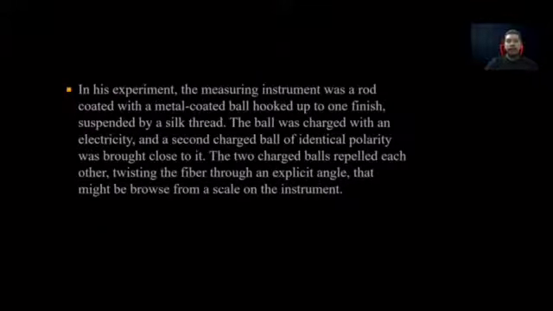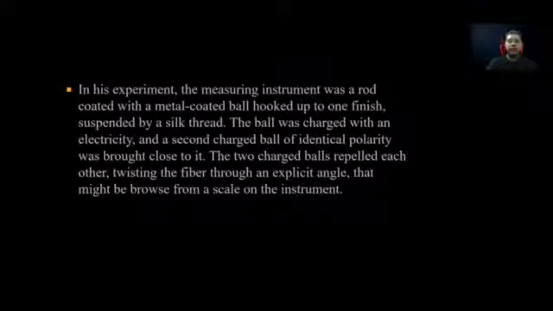In his experiment, he used the Coulomb torsion balance as the measuring instrument. The instrument was a rod with a metal-coated ball attached to one end, suspended by a silk thread. The ball was charged with electricity, and a second charged ball of identical polarity was brought close to it.